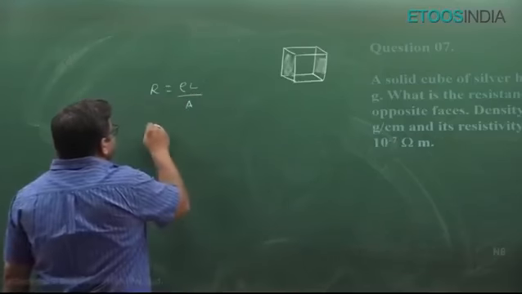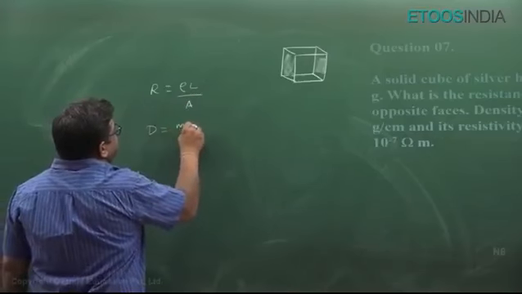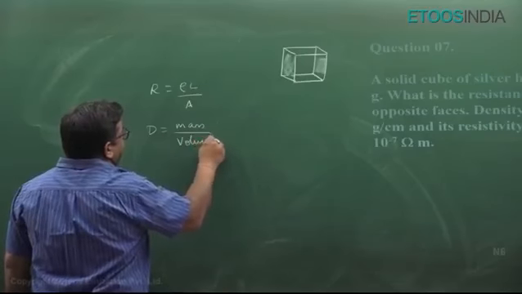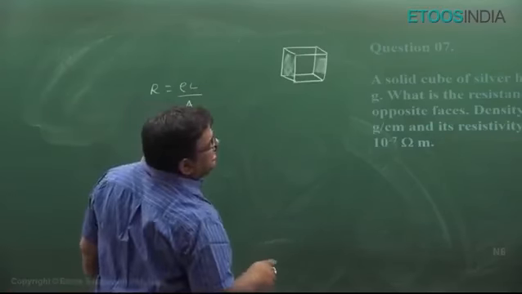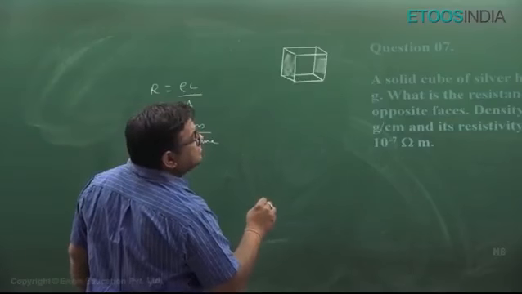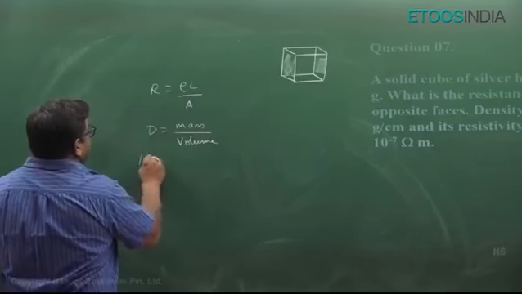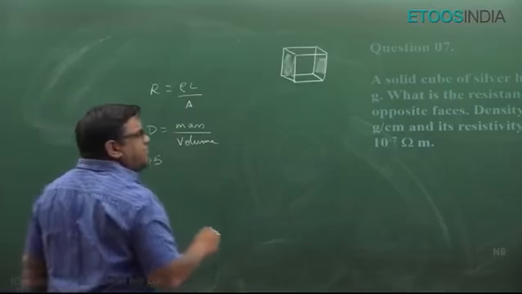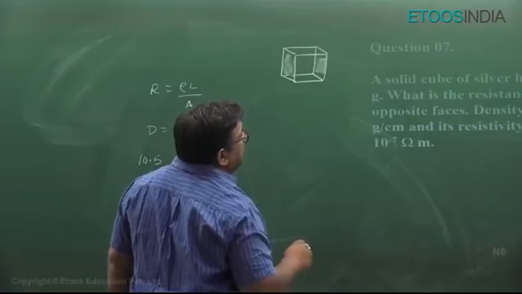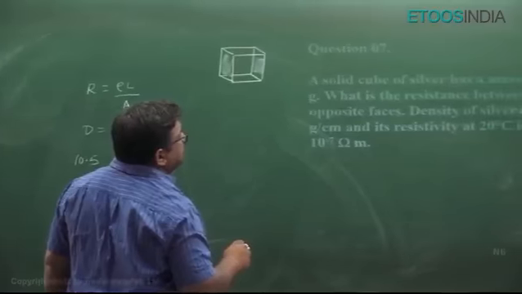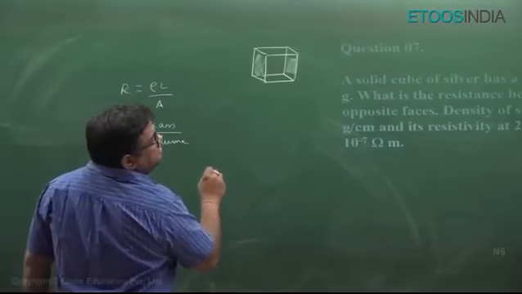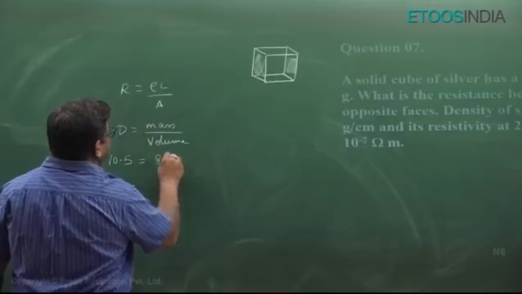We know that density is mass upon volume. Now the density given is 10.5, and the mass is 84.